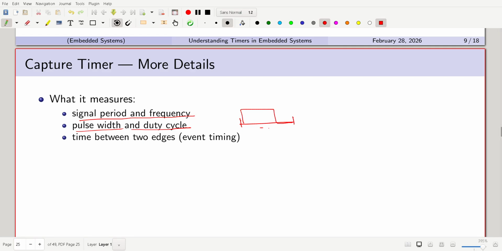This is T on, this is T off, and the total T is T on plus T off. It measures the time between two edges, the event timing.